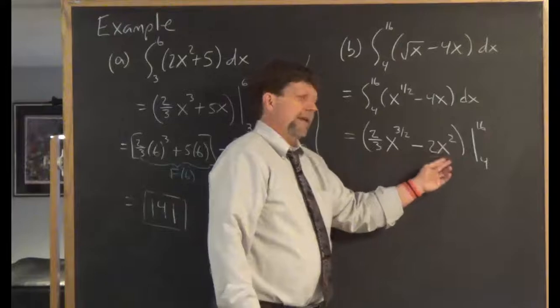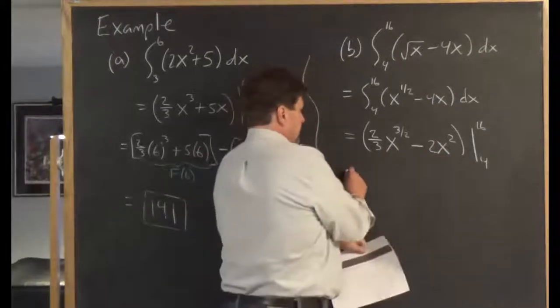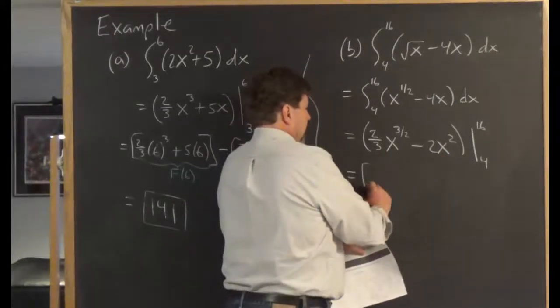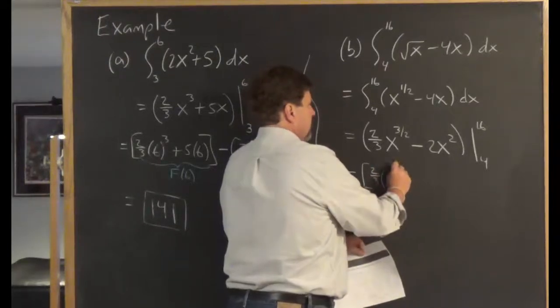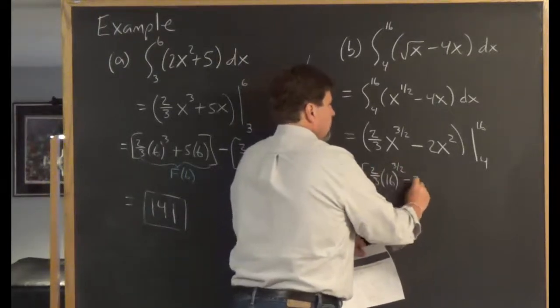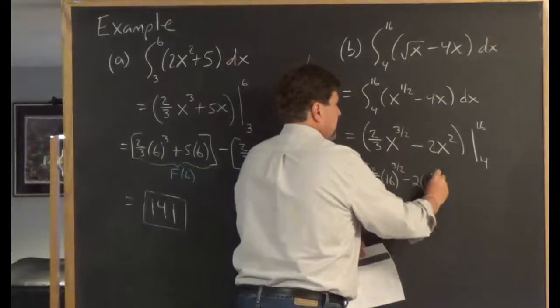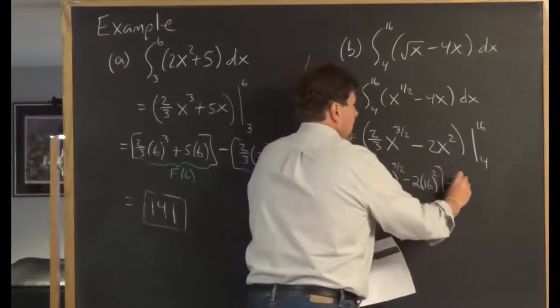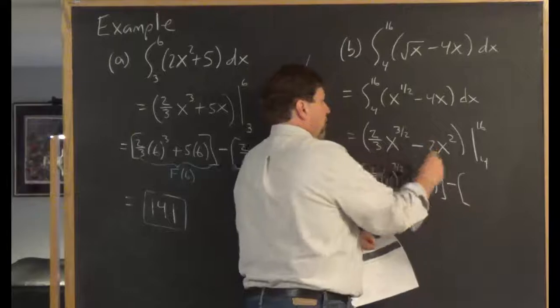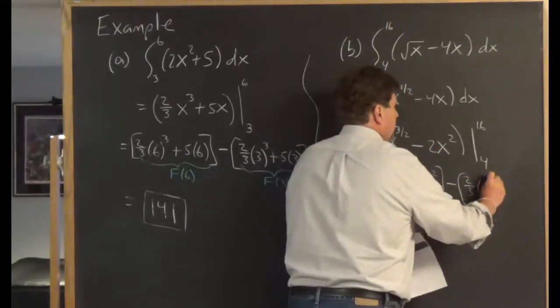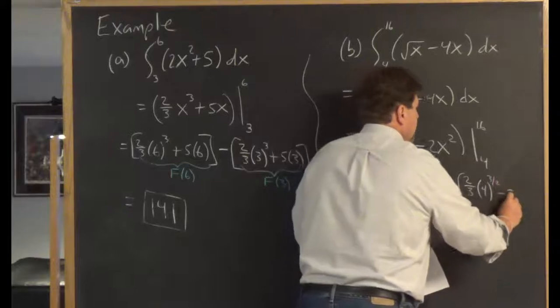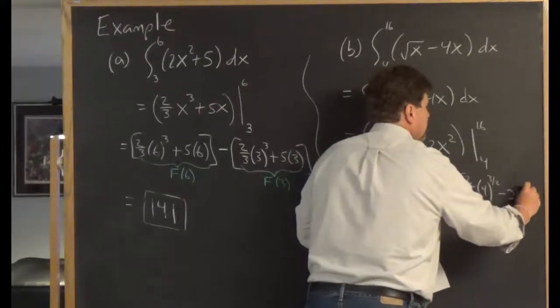16 comes in for the x's first. So now that gives us something like this. 2/3 times 16 to the 3/2 minus 2 times 16 squared, minus, now the 4 goes in. So 2/3 times 4 to the 3/2 minus 2 times 4 squared.